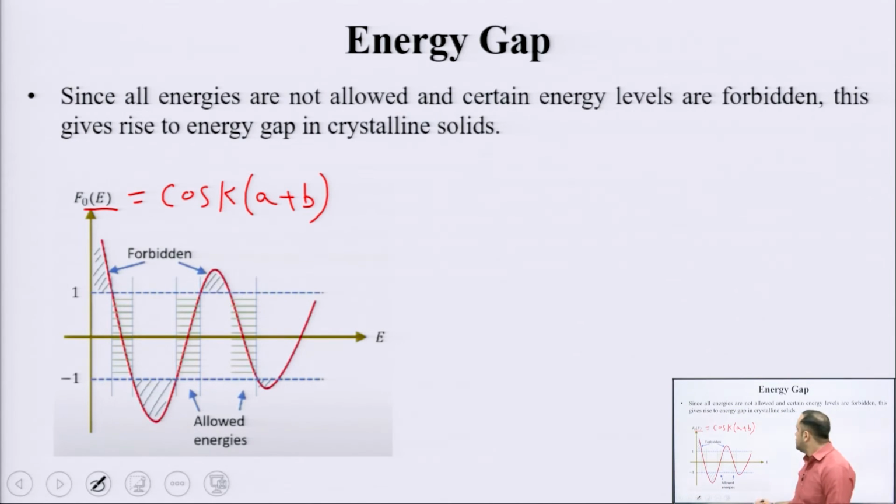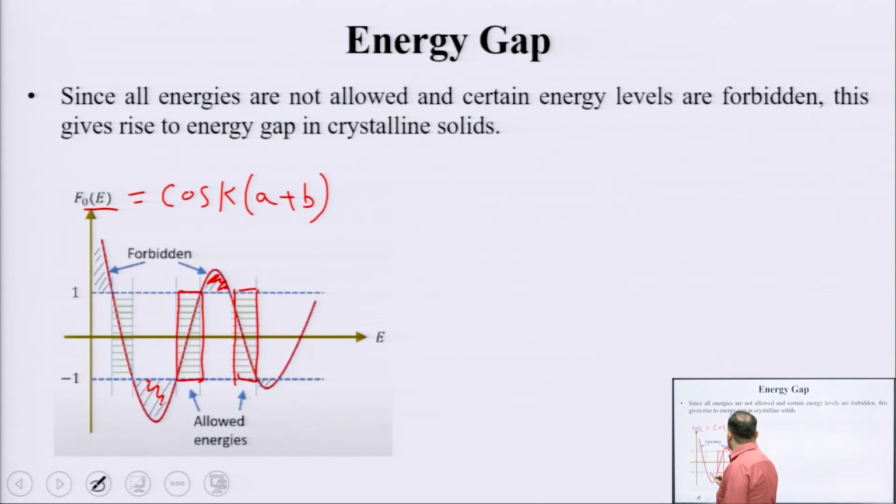So, these regions here, these are your allowed energy levels, and anything beyond these are your forbidden energy levels. These are the ones which are not allowed.